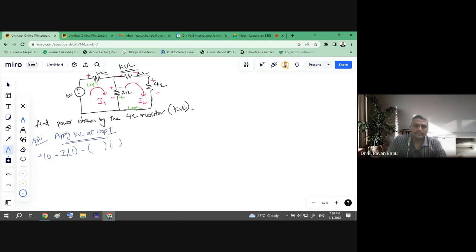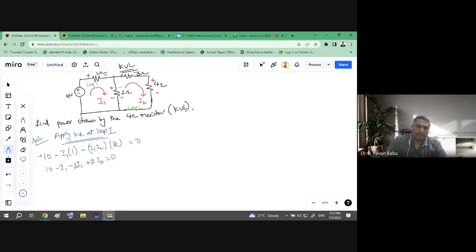Since it is linking the two loops, we have to write it as I1 minus I2 into 2 ohms, equal to 0 as per KVL. So then 10 minus I1, sorry, minus 2 into I1 plus 2 into I2 is equal to 0.